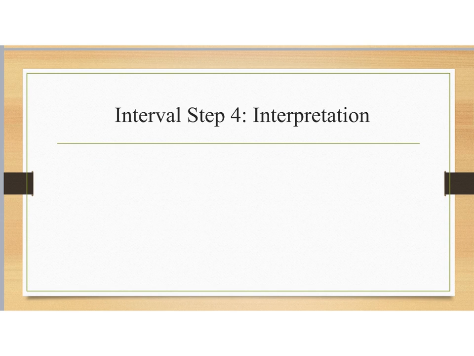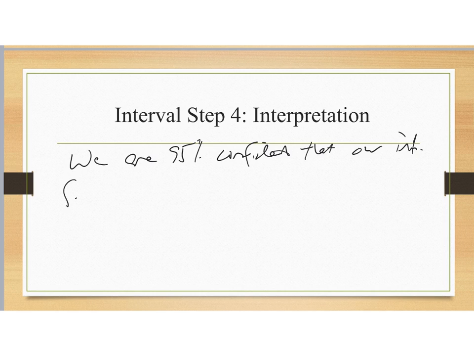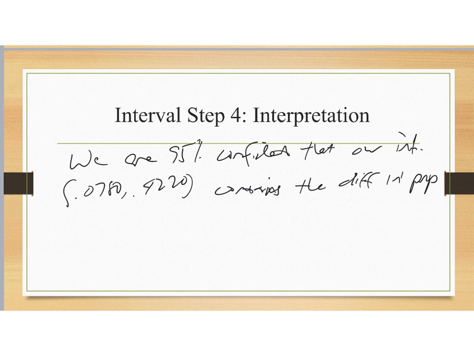So I won't write the whole thing here, but what we would say then is we are 95% confident that our interval, and our interval again went from about 0.0780 to 0.4220, contains the difference in proportion of females minus males at MHS.